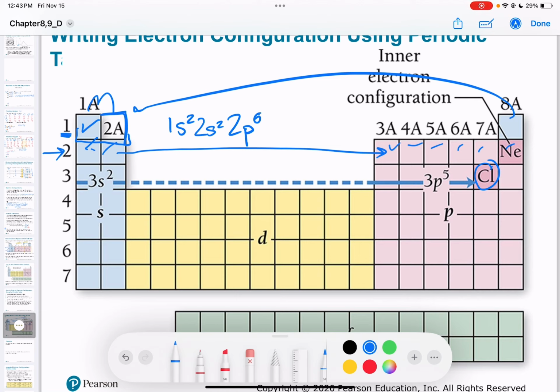So this is no different than what we've done before. We're just using the periodic table to guide us. Now we go to the next row. 3s2. Continuing on, 1, 2, 3, 4, 5, 3p5.